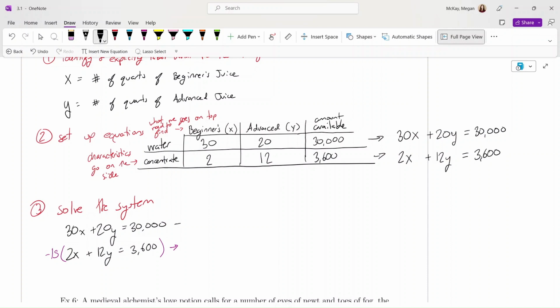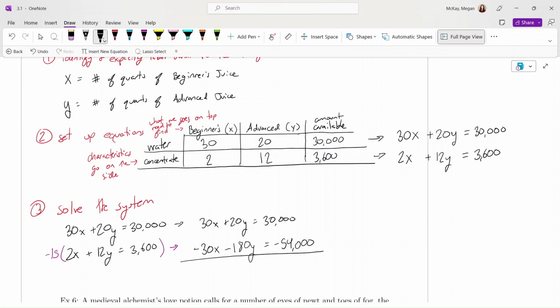Alright, so we don't change the top row. That stays as 30x plus 20y equals 30,000. Our bottom row here becomes negative 30x minus 180y equals negative 54,000.